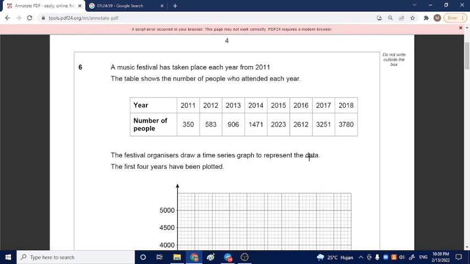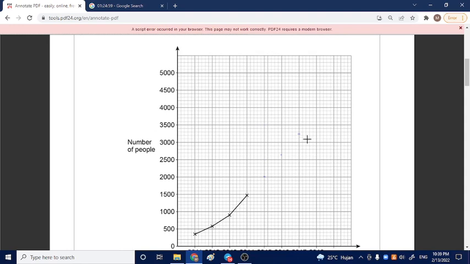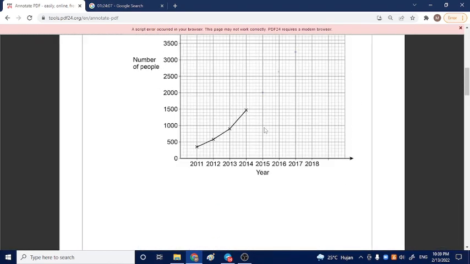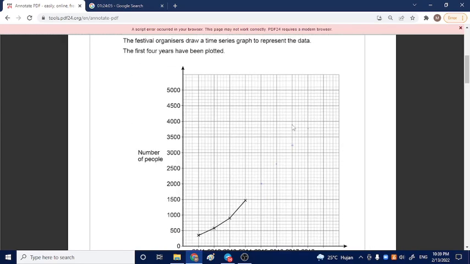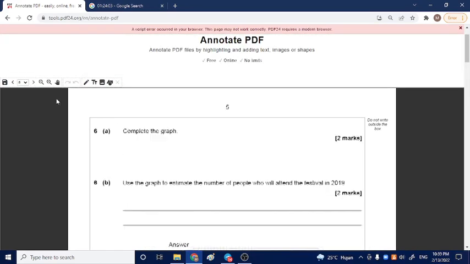And then 3780 would be here. Alright, so we have the points plotted. I don't even know if I'm supposed to plot or not. Complete the graph. Okay.